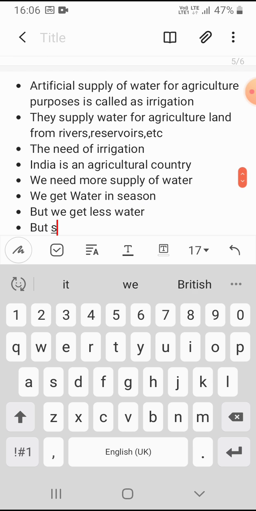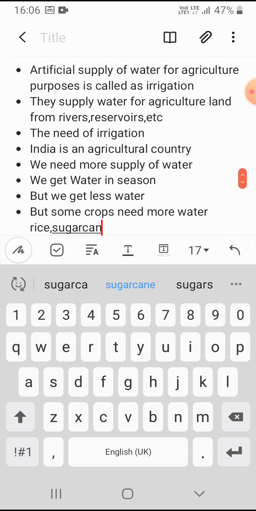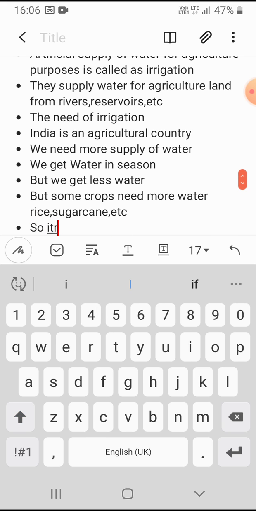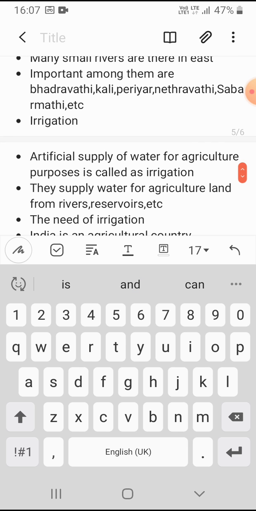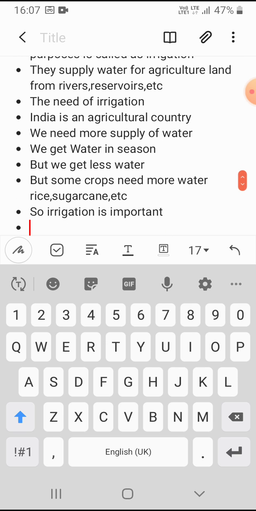But some crops need more water, like rice, sugarcane, and other crops. So irrigation is important for us, to supply more water for those crops.